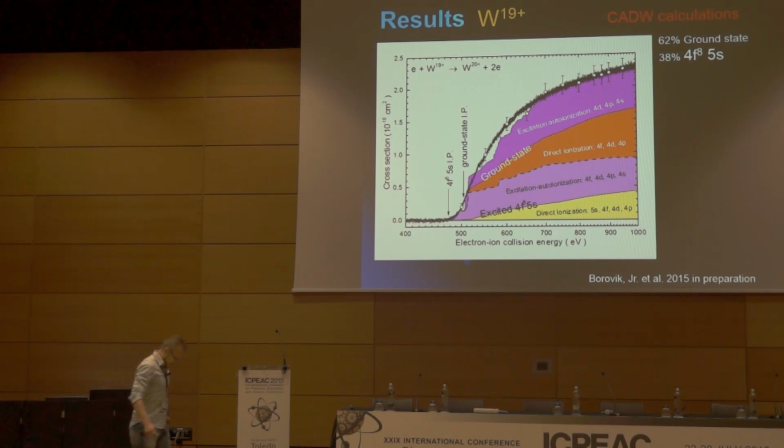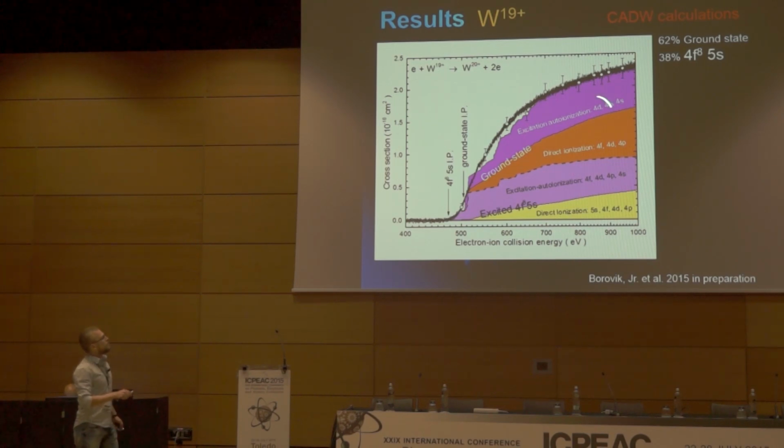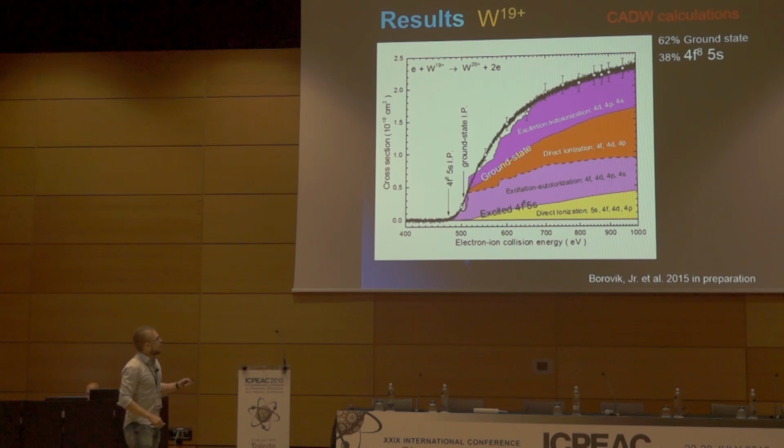But considering also the previous issue, the fact that we actually reached this perfect agreement, at least at these higher energies, doesn't mean we can really understand the problem. In any way, it means that the approach that we use describes the system well.